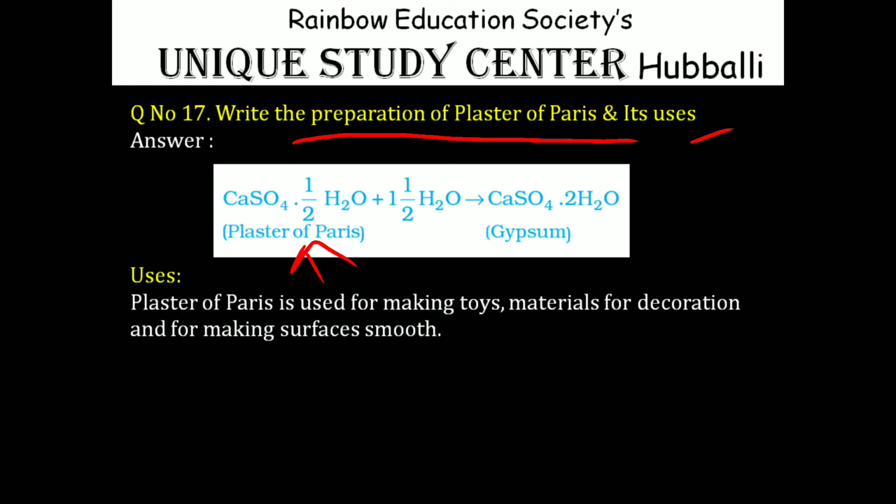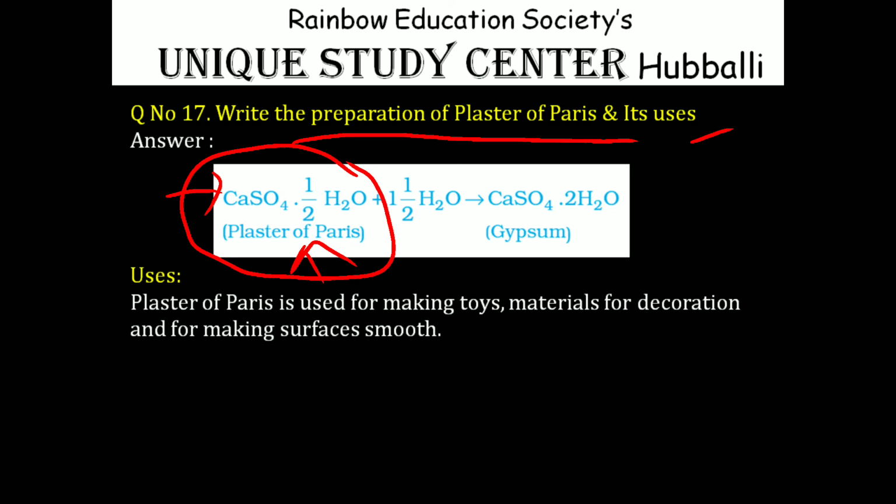Plaster of Paris is calcium sulfate hemihydrate, CaSO4.1/2H2O. Half a mole of H2O is present, so it is called hemihydrated calcium sulfate, and that itself is plaster of Paris. It is not generally taken from one place to another. Once it is hydrated, it becomes a very strong compound and cannot be used further.